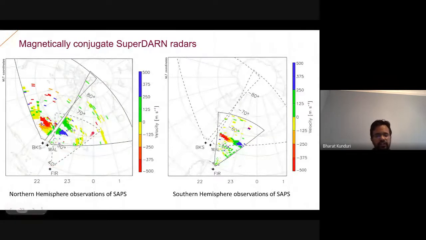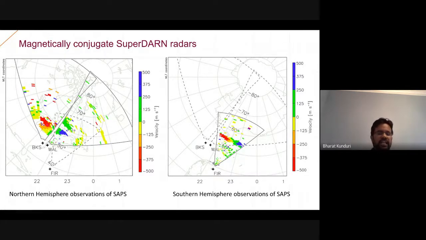You can see that this field of view is magnetically conjugate with the Wallops Island and, to a certain degree, with the Blackstone SuperDARN radar. So the observations in SuperDARN radar here are shown, and these are consistent with westward directed flows.